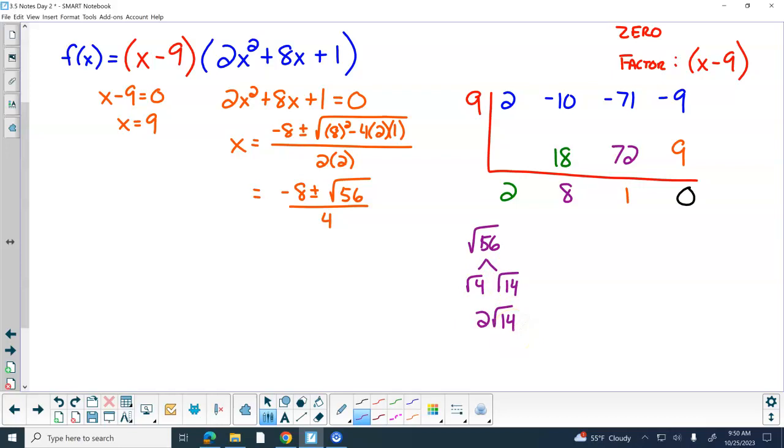So that would be 2 square roots of 14. Looking at my 3 outside numbers, negative 8, 2, and 4, is there a common factor that goes into all 3 of those? 2 goes in there.